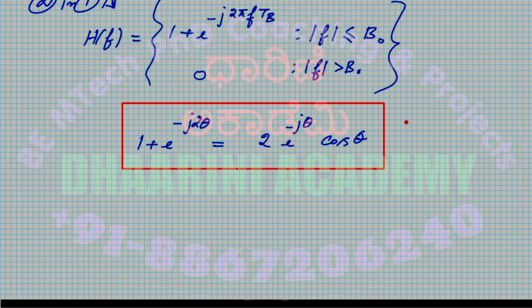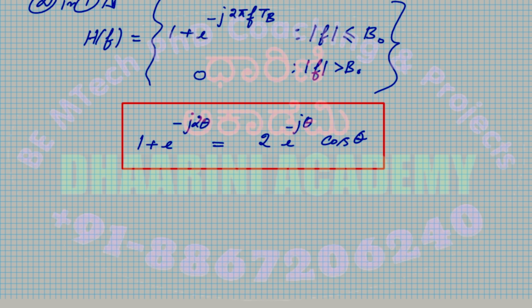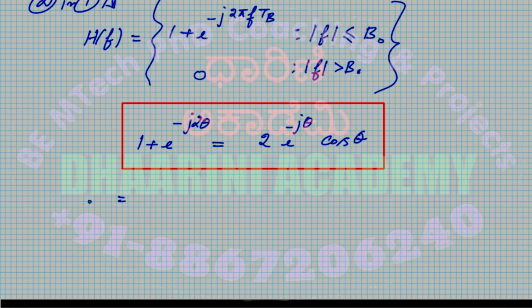So the overall transfer function H of f becomes 1 plus e to the power minus j 2 theta, where theta is equal to pi into f into Tb.